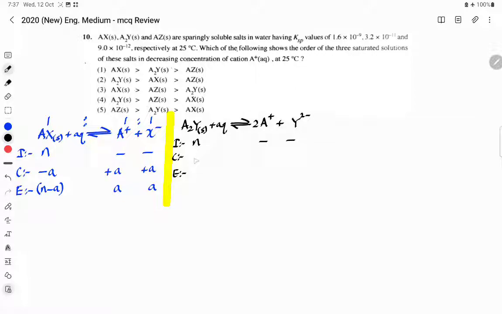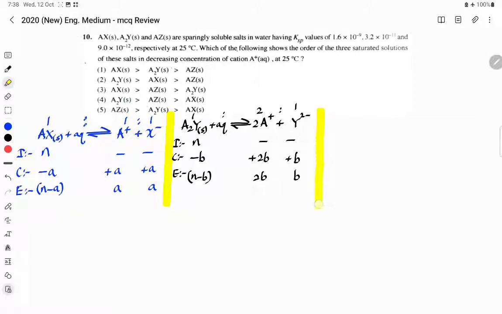The dissolved amount will be b. It's different than the a, we don't know actually, so let's take it as b. According to the stoichiometry, it's 1:2:1. 2b is the amount of A+ generated here, and Y amount will be b. So at equilibrium, we have n minus b, 2b and b.